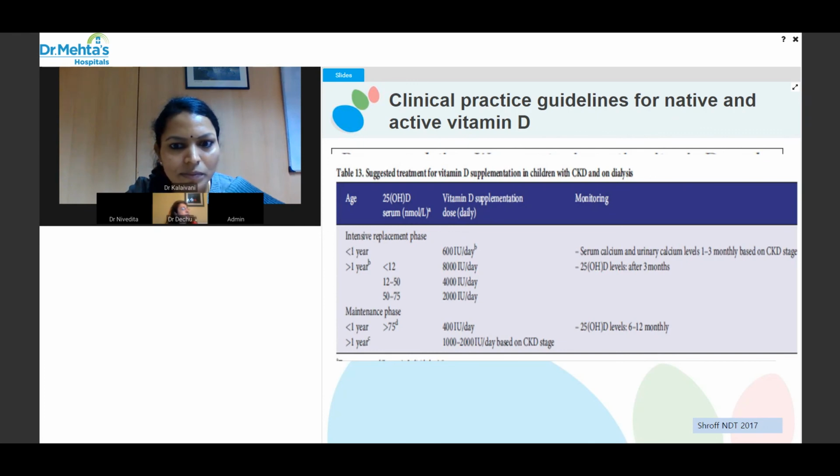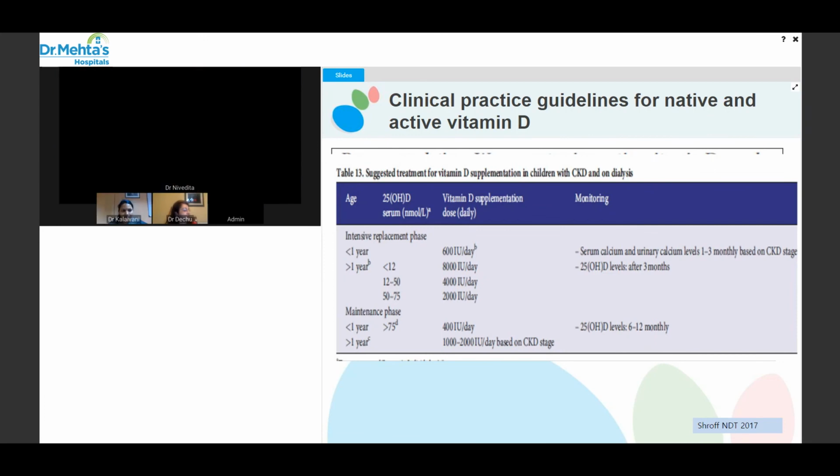Vitamin D, is it? So hypervitaminosis, one of the features of hypervitaminosis is known to be pseudotumor cerebri. But you need to monitor the levels of vitamin D regularly when a patient is on vitamin D, and you need to stop the drug.